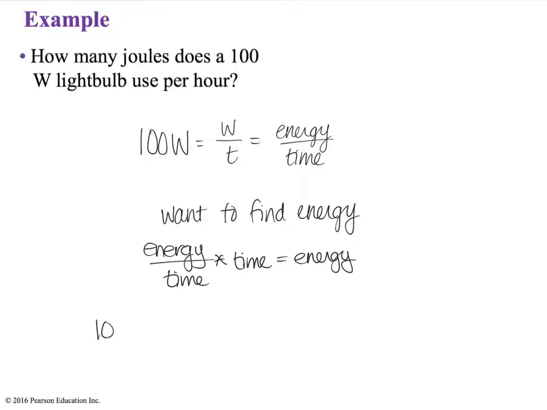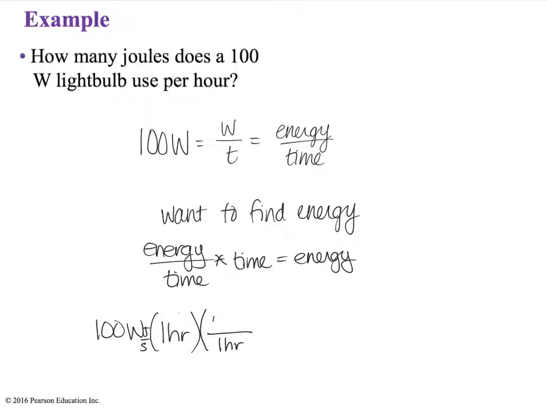So if we have 100 watts, that's our energy over time, and we want to multiply by the amount of time, well, we'd say 1 hour. But hopefully we understand that this isn't going to work unit-wise, because a watt is a joule per second. So you just put it in here, joules per second, and our units aren't going to work out. So we have to change hours into seconds. So we use some conversions.